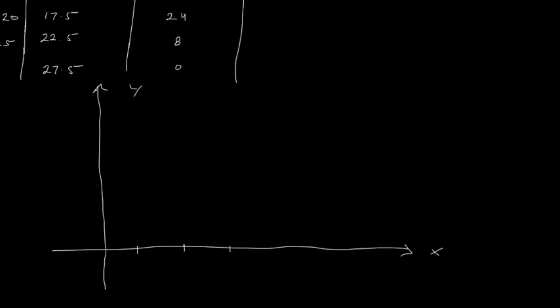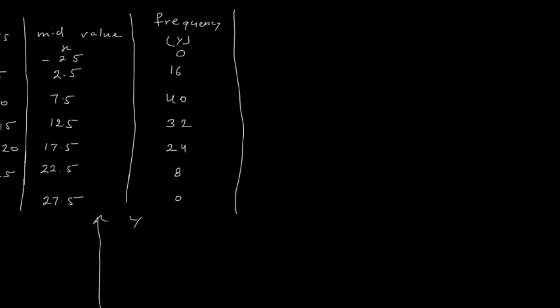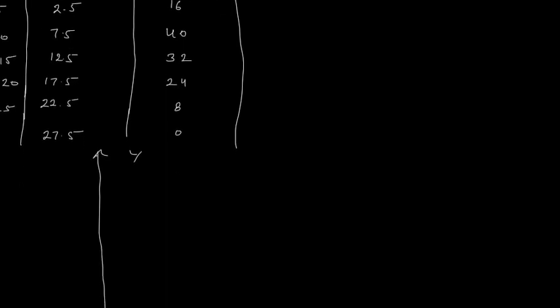Along the x-axis, at a distance of 1 centimeter you can mark 2.5, 7.5, 12.5, 17.5, then 22.5, 27.5, and on the left you will mark one point, minus 2.5. Along the y-axis our frequency minimum value is 0, maximum value is 40.